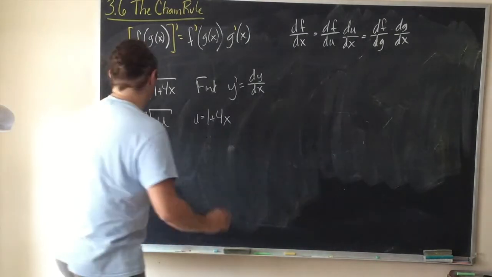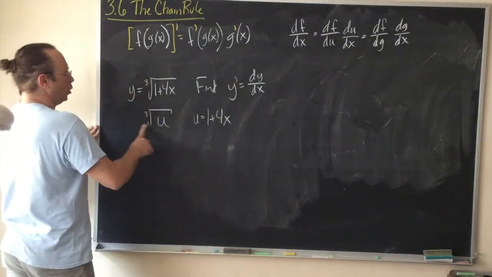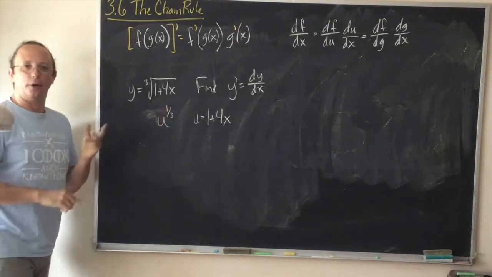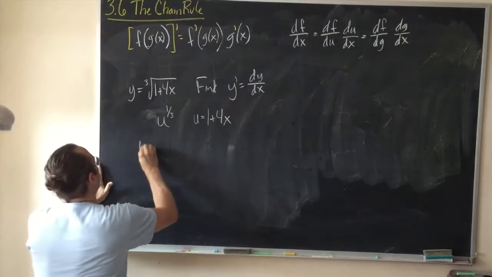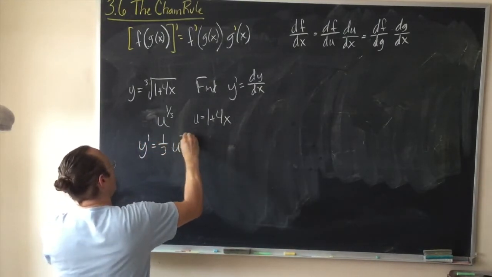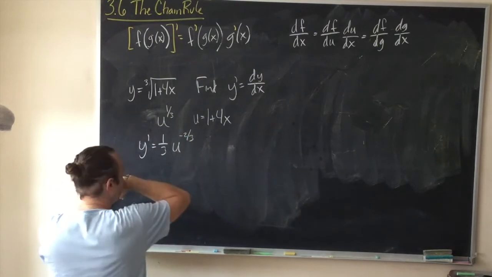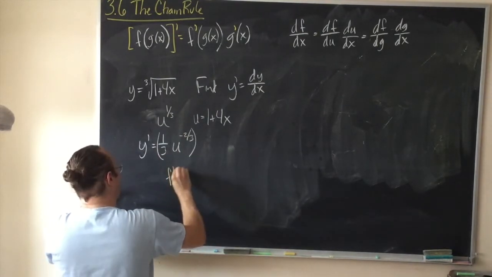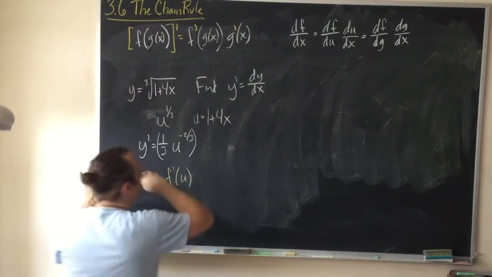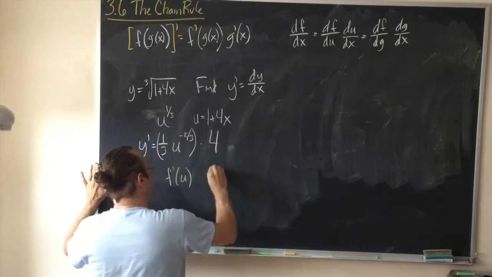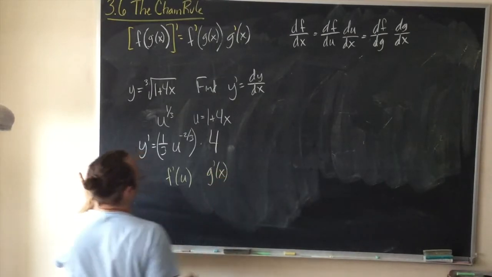And so therefore, of course, the cube root of u is actually u to the 1/3 power. So if I want to find y prime, I'll take 1/3 u to the negative 2/3. All right, so that is the f prime of u, and then I'm going to multiply that times 4, which is the g prime of x.